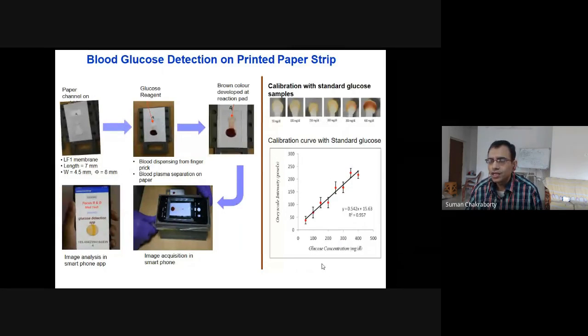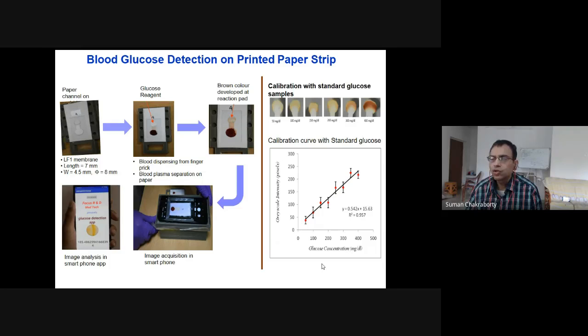With these kinds of microfluidic strips on paper, it is possible to make certain basic detections which are very, very important and common in public health. The first example that I will talk about is the blood glucose detection on a printed paper strip.